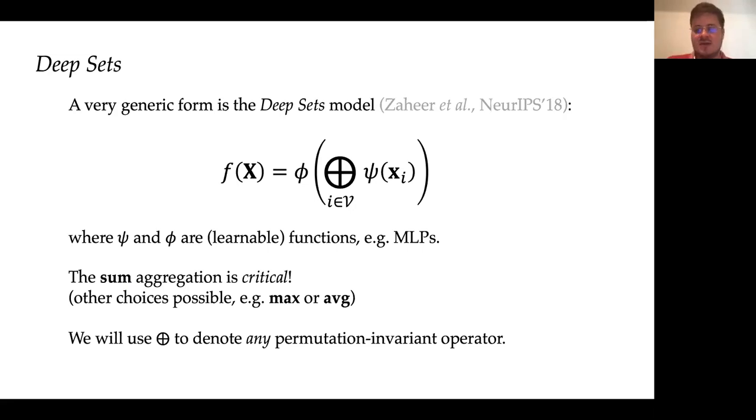So summing, maximizing, averaging, all of these things work as ⊕. The only reason I'm putting it there is because using sum is not always the best choice, and it's better to think about it in terms of generic operators, because it allows us to think about these things a bit more broadly.